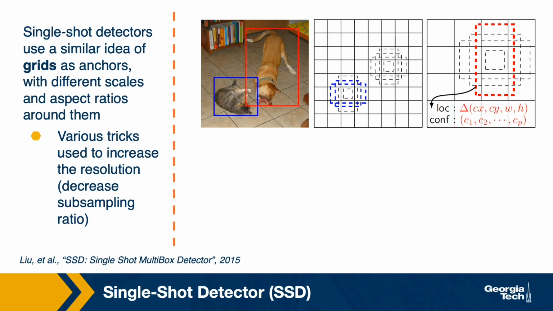Over the years, a number of refinements have been made over these architectures. For example, the single shot detector, or SSD, has a very similar grid idea. That is, we'll impose a grid over the input image. And this corresponds to some grid over the convolutional feature maps at the last convolution layer. And then for each position in that grid, we'll actually estimate some set of bounding boxes of particular shapes or aspect ratios.